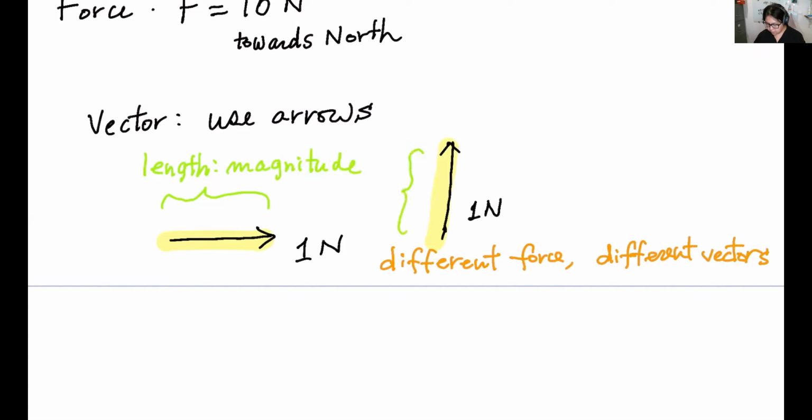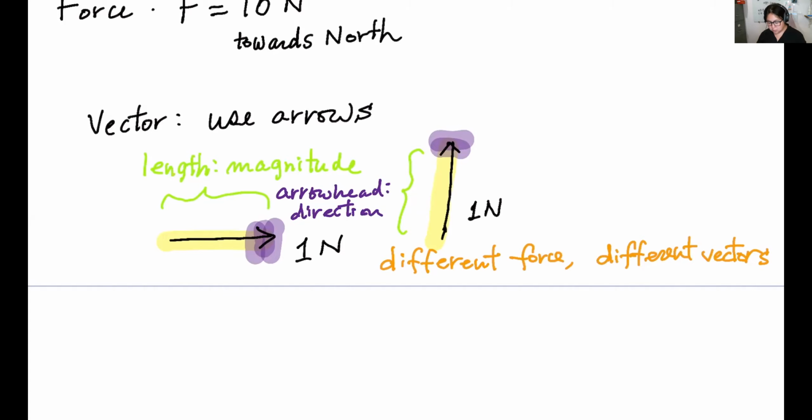It's the same length, but the arrowhead represents the direction, which way the quantity is pointing.